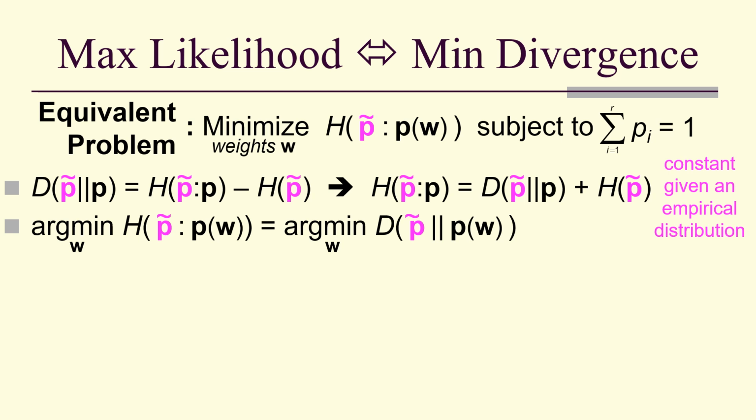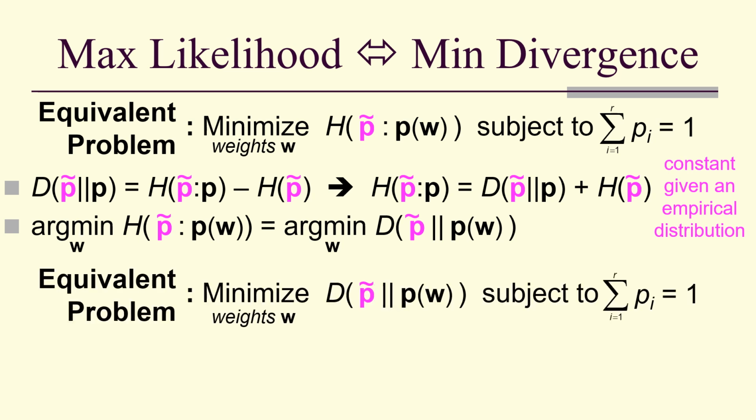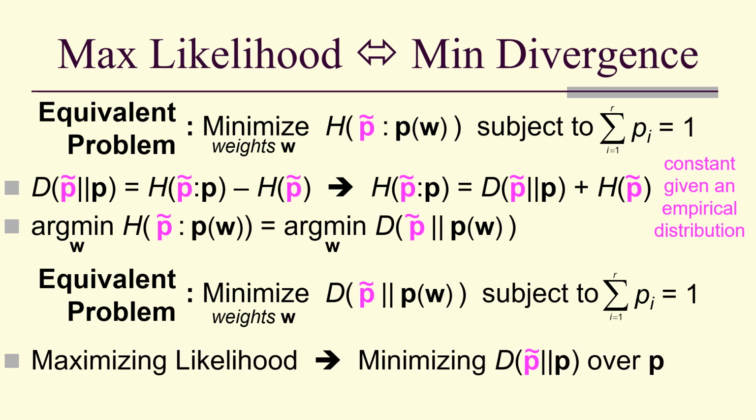So that means that finding the argmin of the cross entropy is the same as finding the argmin of the KL divergence in the second term. So here's our equivalent problem. Minimize the KL divergence of the empirical distribution with respect to p in the second term, subject to our sum of the probabilities is 1.